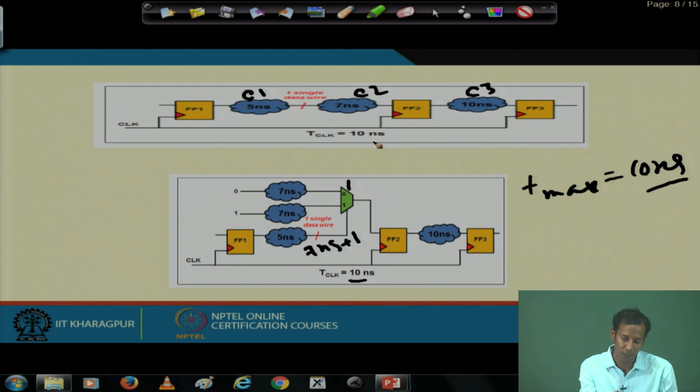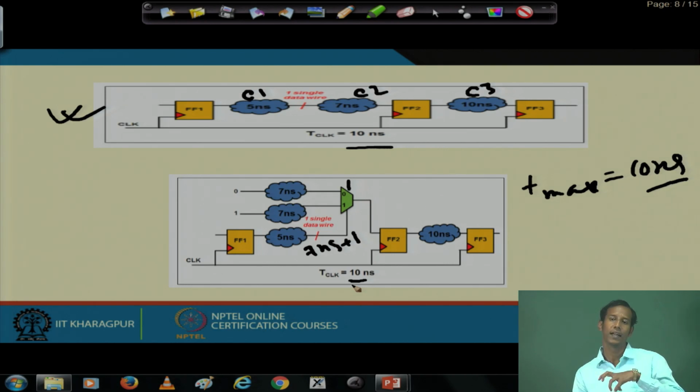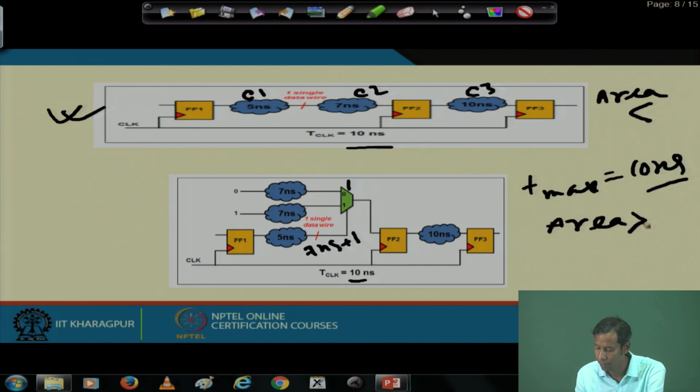In the earlier design, I could never achieve this clock period of 10. I made the architecture changes, and now I can achieve the speed requirement of 10. Okay. So, this is the trick. In this circuit the area will be lesser, but in this case the area will be more.